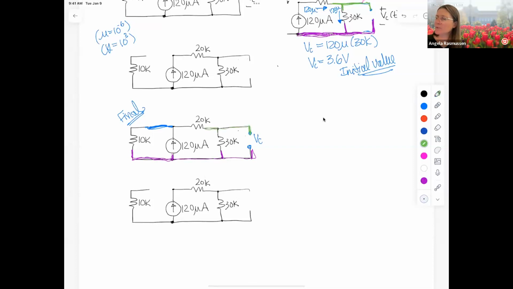So again, it's going to be the same as the voltage across that 30K, because the nodes are the same on the top and bottom, even though there are little wires dangling out there. That voltage is still going to be the same. So if I find this, I'll call it I2, V_C in the final position is going to be equal to I2 times 30K.